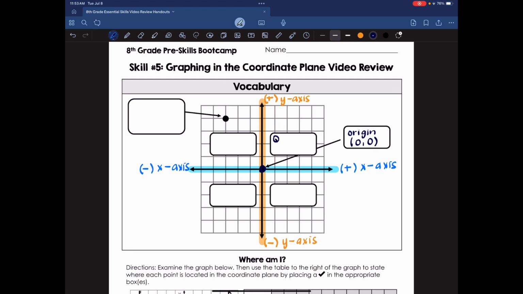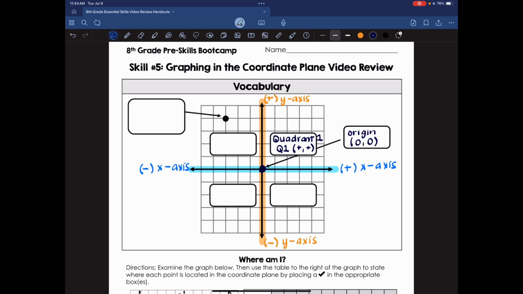Thinking of the word quadrant, that prefix quad means 4. So there are 4 little areas of the graph. This is quadrant 1, where x and y are both positive. Sometimes we can abbreviate it as Q1. We have a positive and a positive for our coordinates.